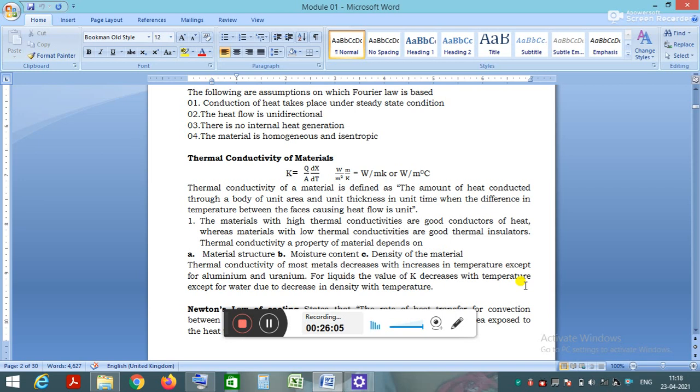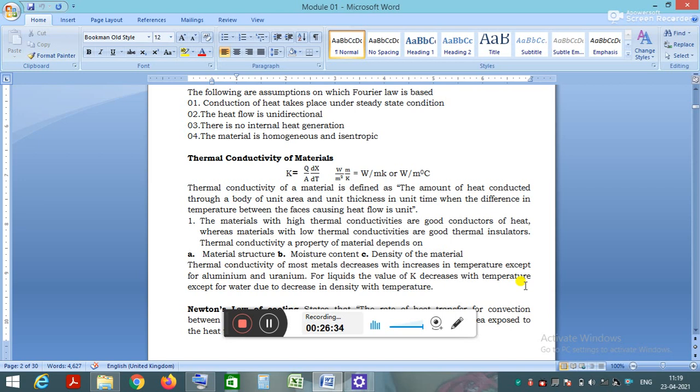I already said it depends on material structure, moisture content and density of the material. For aluminum and uranium, with increase in temperature, the thermal conductivity of the material also increases. But for other metals, it may be gold, silver, or iron, the thermal conductivity decreases. Similarly in liquids, but in liquids it reverses.